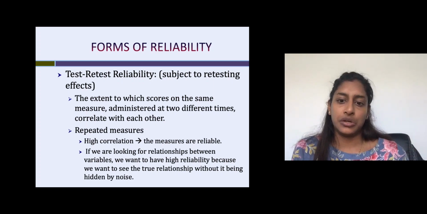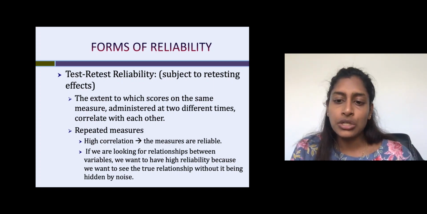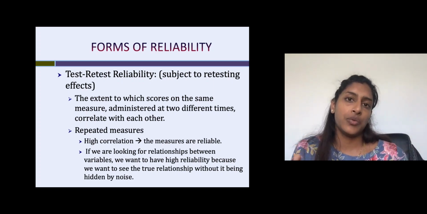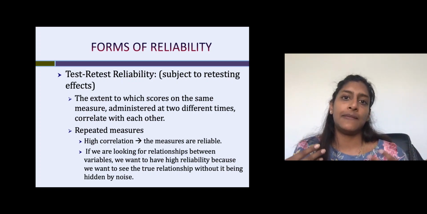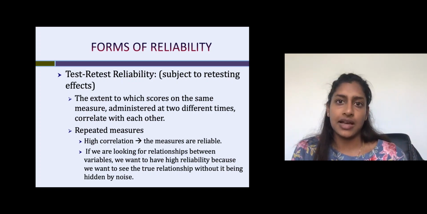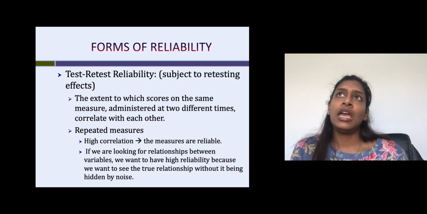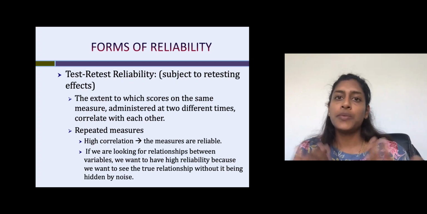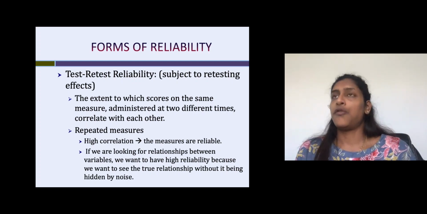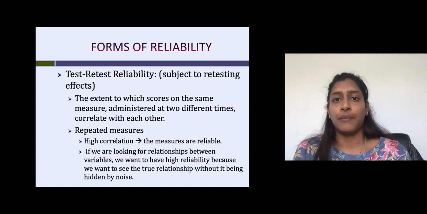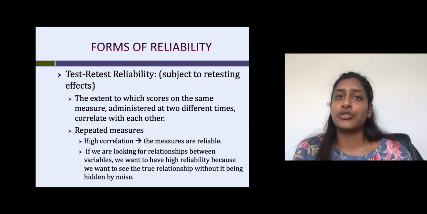What else can we do? Well, we can do something called retest reliability, which is giving the exact same survey or the exact same test to a person. If our way of measuring something is accurate, how I respond to your survey now and how I respond to your survey 4 months from now or a year from now should actually be very similar.